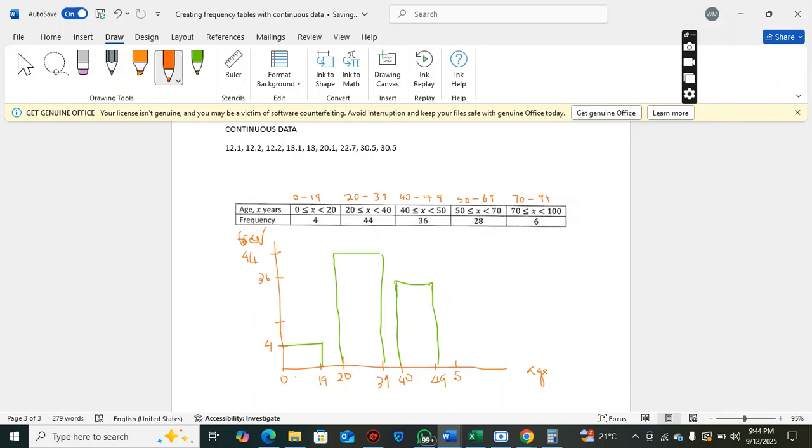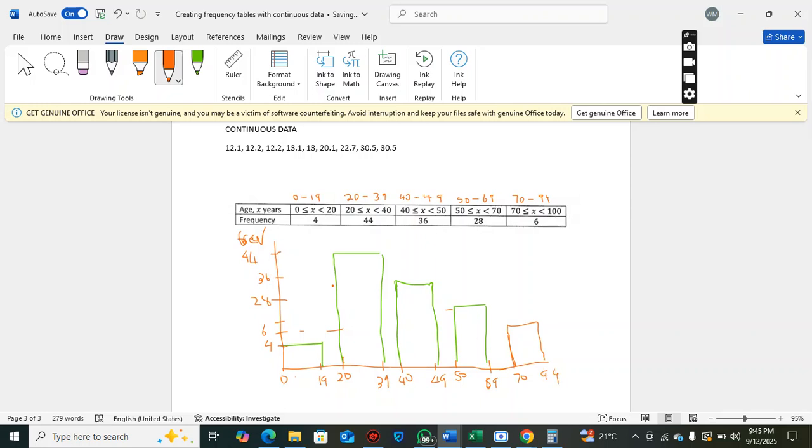Next is from 50 to 59. That is 28. It's 50 to 69. Then 70 to 99.